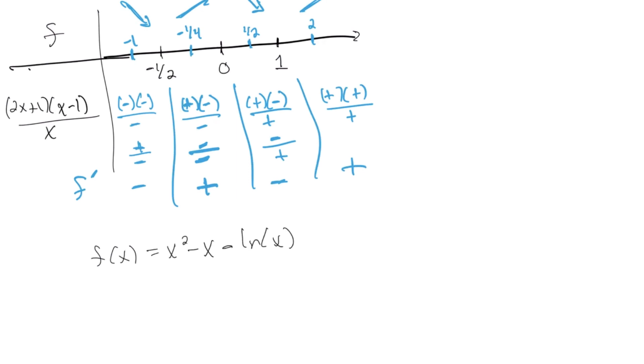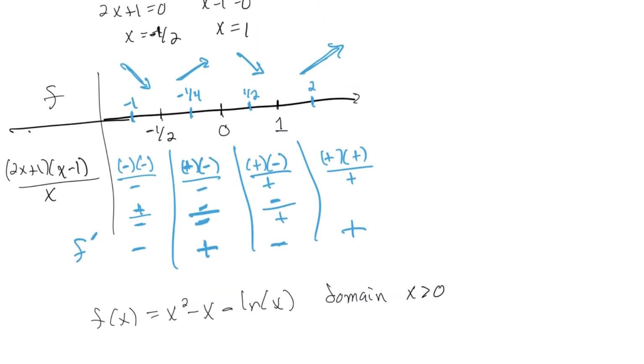So the domain of this function is governed by the logarithm, right? X squared minus x, those are polynomial terms, they're defined everywhere. The logarithm can only have positive values. So the domain here is x strictly greater than 0. So I'm not looking at any of those negative values.